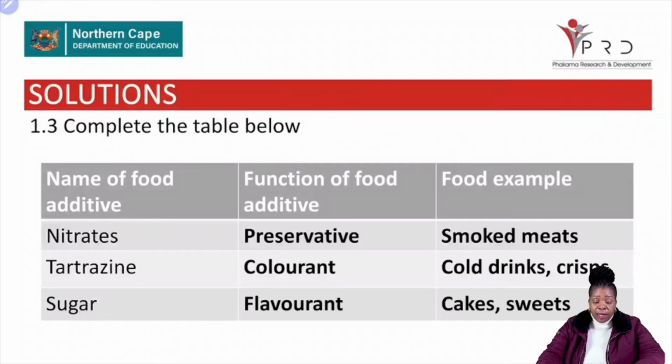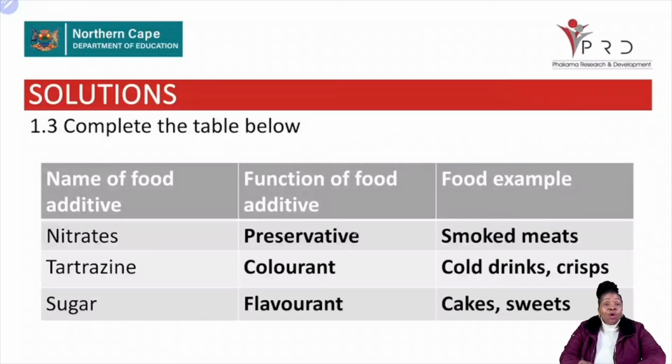Welcome back, learners. So the names of the food additives, we've got nitrate, we've got tartrazine, and we've got sugar. We'll start with nitrates. The function of the food additive nitrate is as a preservative.